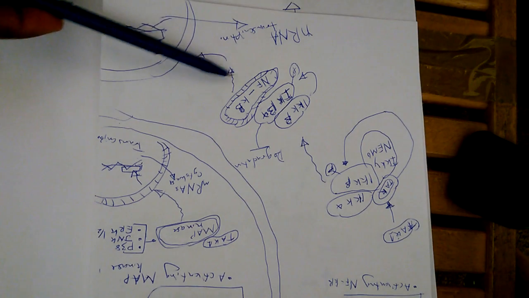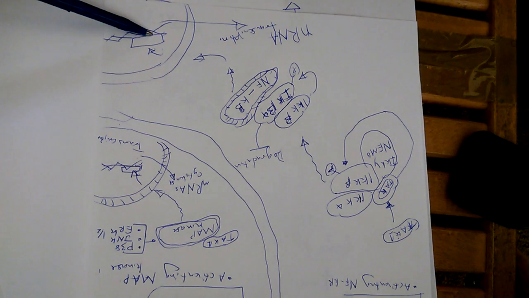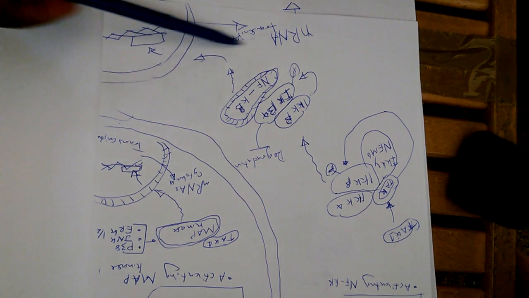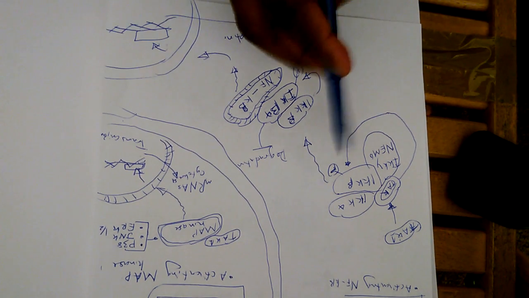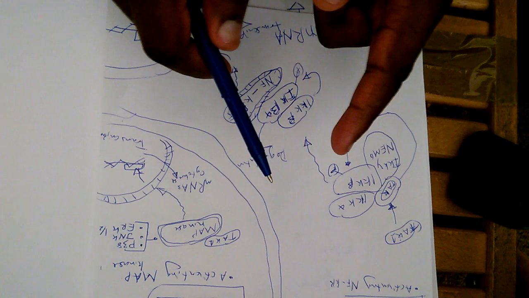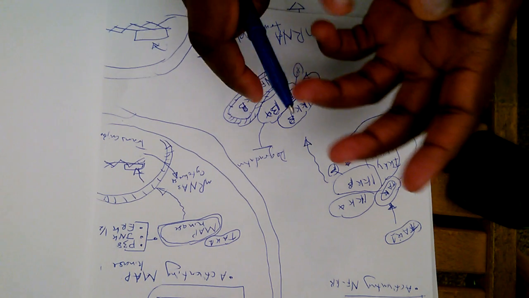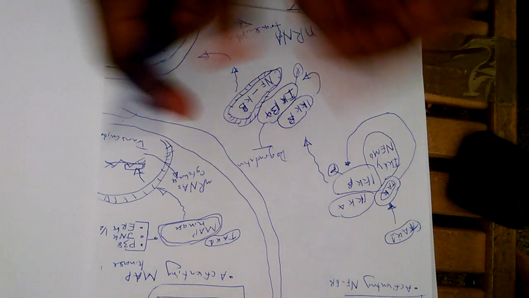Then NF-kappa B goes ahead into the nucleus and stimulates transcription of mRNA of what? Cytokines. So don't forget, the cytokines are the product. That's what the cell is trying to produce. Cytokines help you fight.